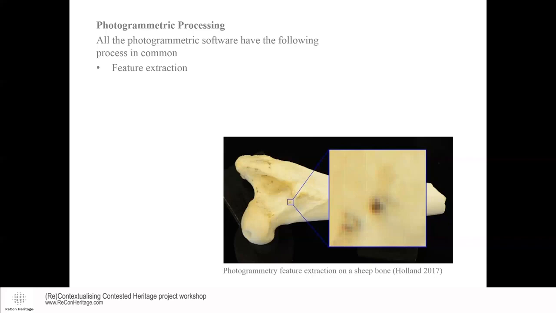So in this image of a sheep bone from my PhD, where I was studying animal bone, this tiny stain on the surface, when you zoom in, creates a pattern of color, which is just mathematical information really to the computer, in the grid pattern of the pixels on the camera sensor.